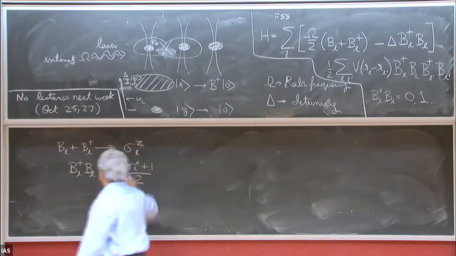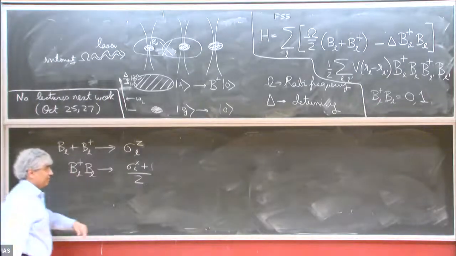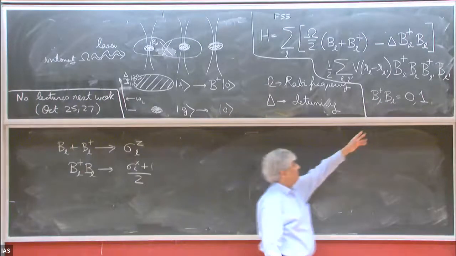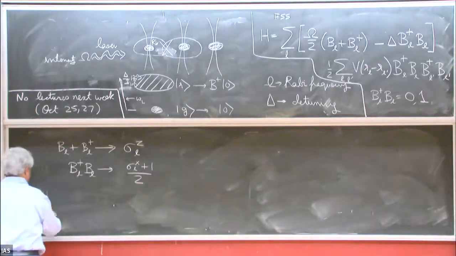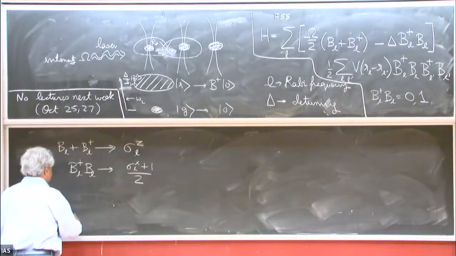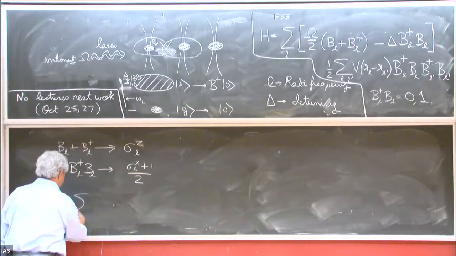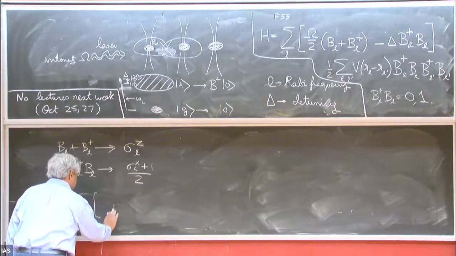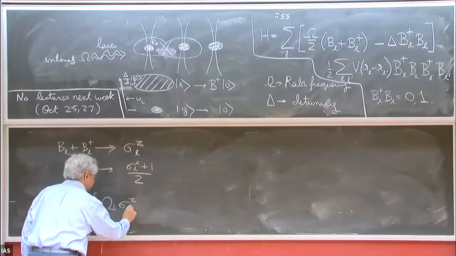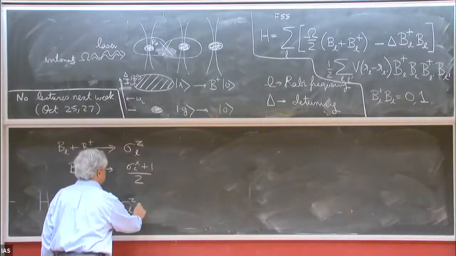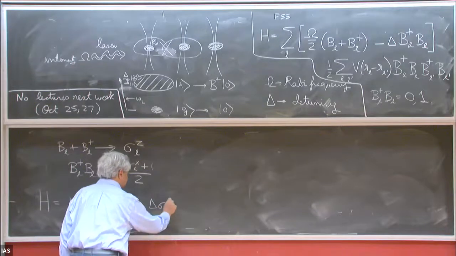So with this substitution, and now with complete accuracy, no approximation, since the number of bosons is 0 or 1, now the Hamiltonian is a model of spins. Okay. Again, so far, I have omega sigma z minus delta sigma x.